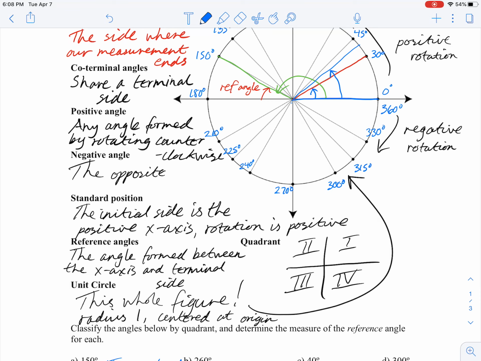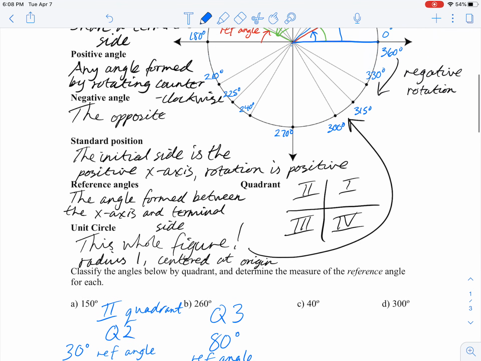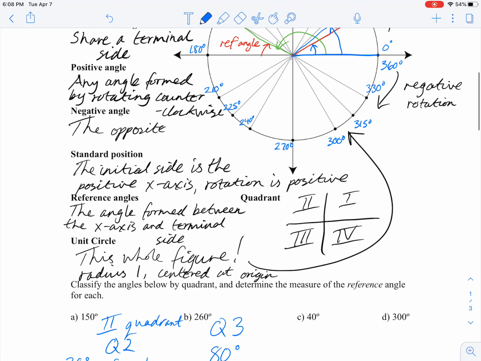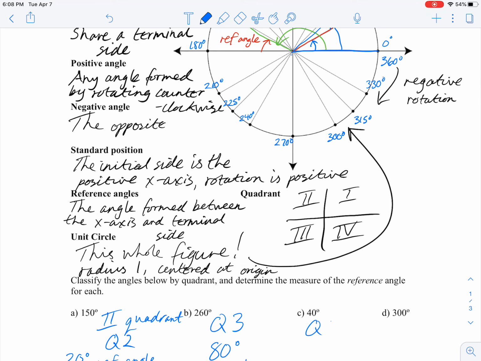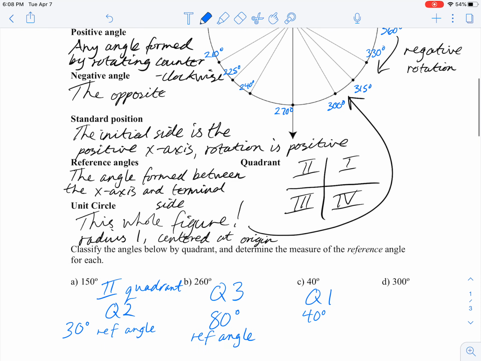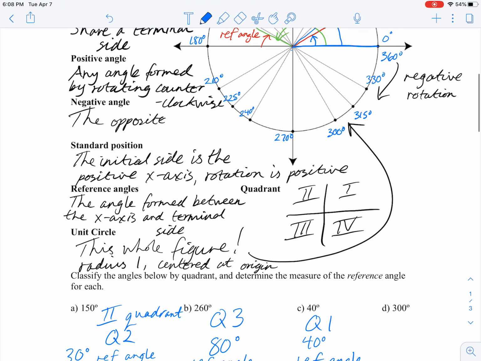So 40 degrees is its own reference angle. It lives in quadrant 1. And that's all there is to say.